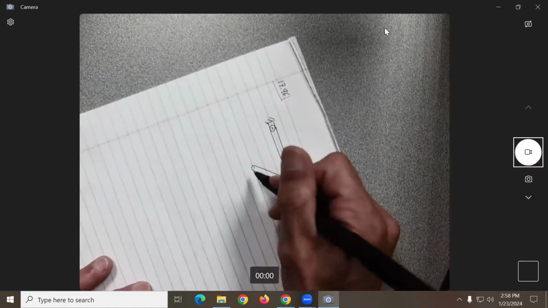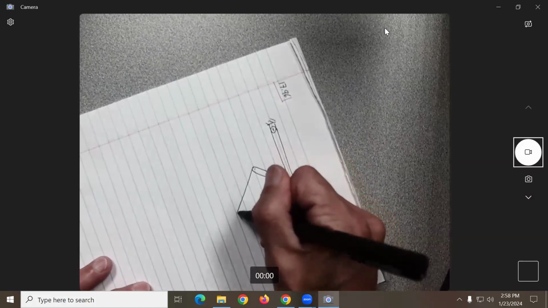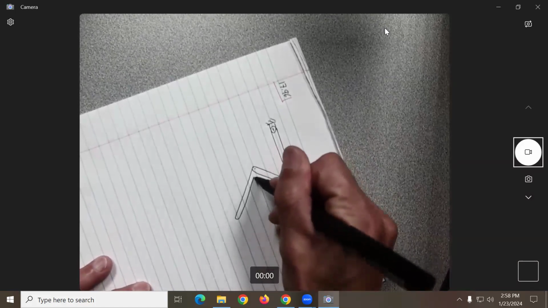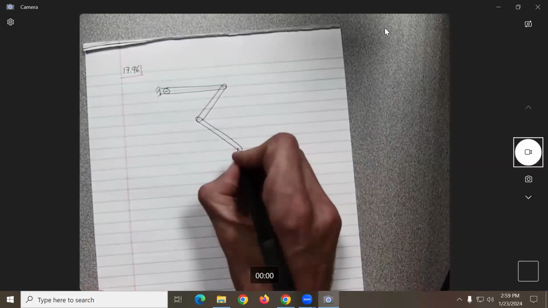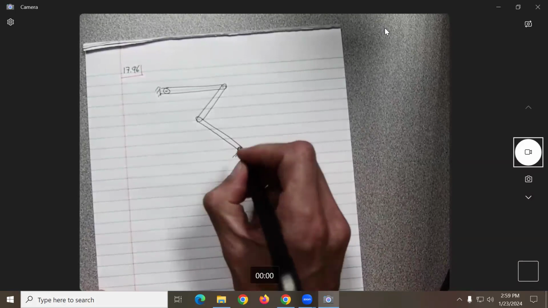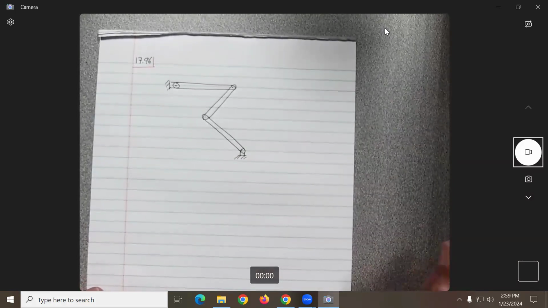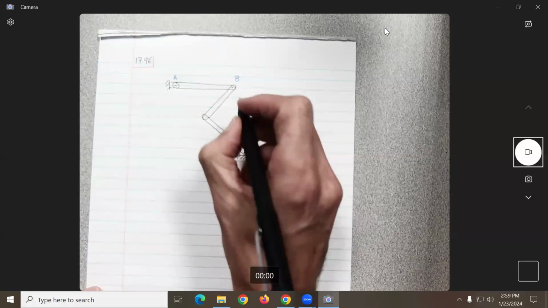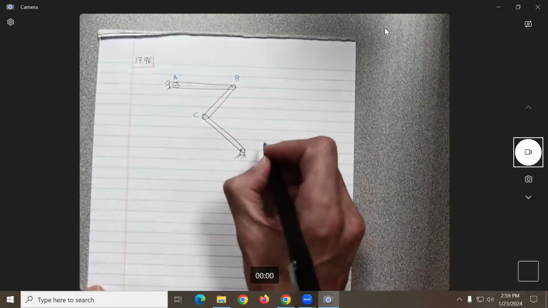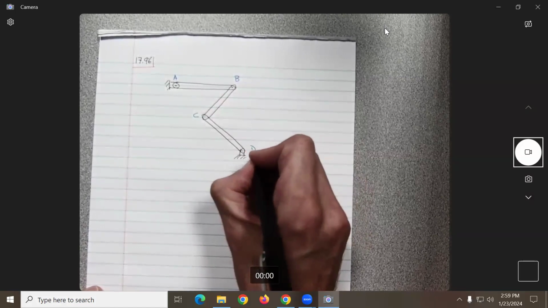And this bar over here is connected to another bar. So let's see, this will be point A, point B, point C, point D.